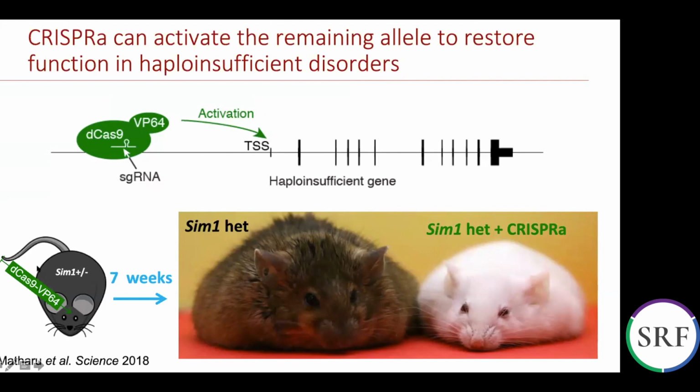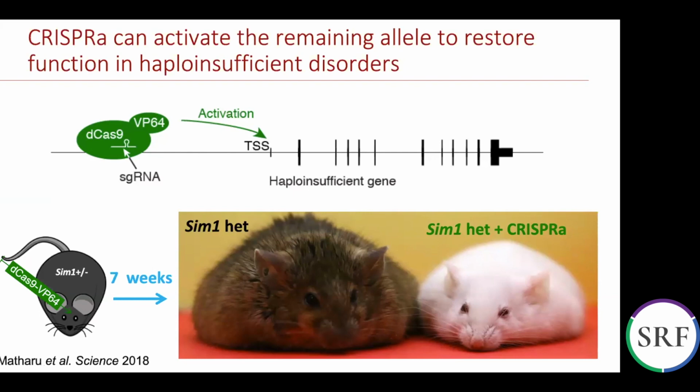A single injection of this CRISPRa was given into the brain after birth, and then 7 weeks later, the mice were photographed, and you can see here that this single injection has resulted in the obesity phenotype going away, and this mouse is a normal size.